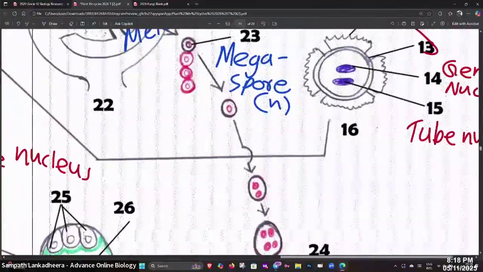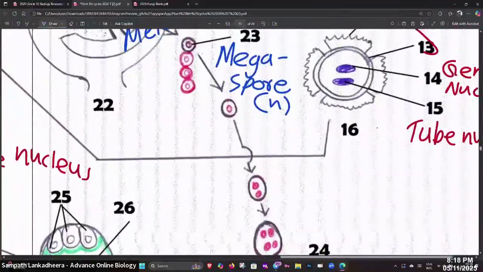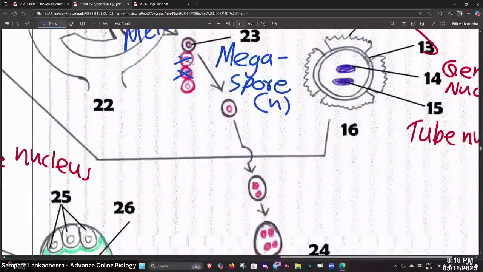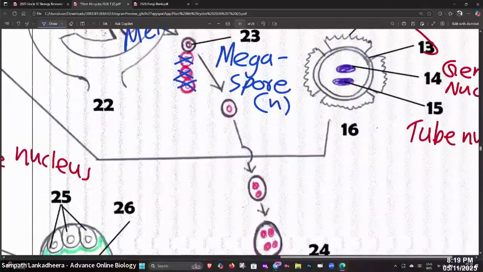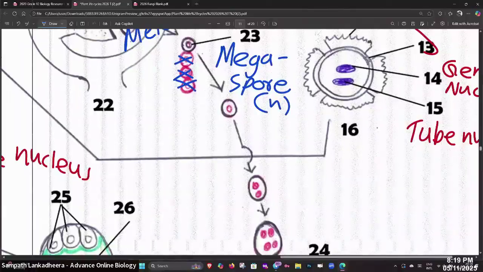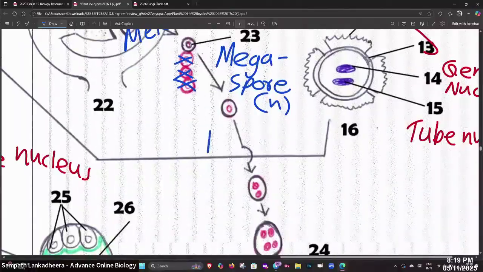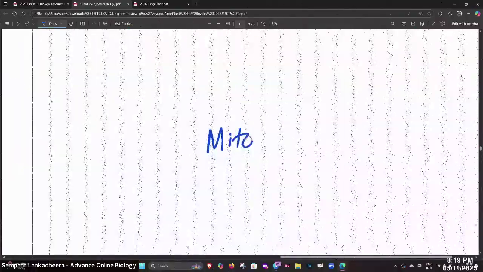Then what happens? Of the 4 megaspores formed, 3 are going to die. One remains, the mature one. It undergoes mitosis. How many times does it undergo mitosis?